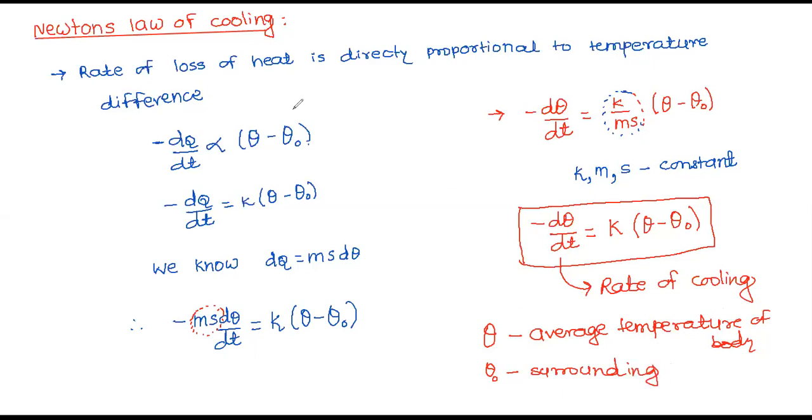The way you want, you can write. So let's write temperature of surrounding. Theta naught is the temperature of surrounding. Clear? Understand? So note this down, pause the video and note it down.